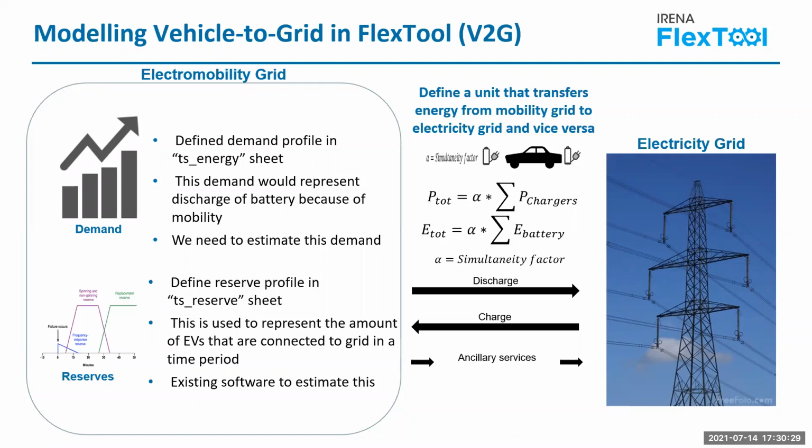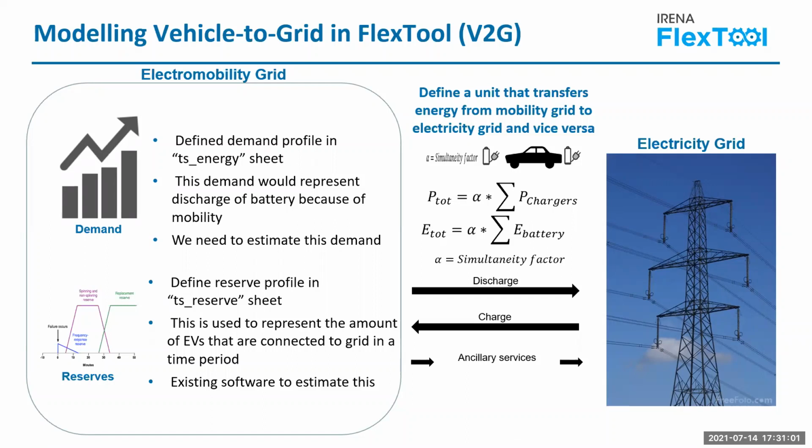In this case, we will have some demands defined in what we will call the electromobility grid. So we have the heat grid, a hydrogen grid, and we have an electromobility grid. We have a demand which represents the demand of electric vehicles. So it's basically what they consume by using the vehicle for mobility reasons.